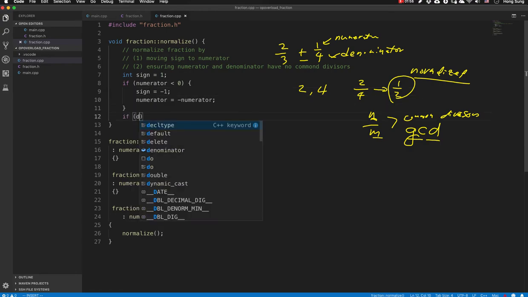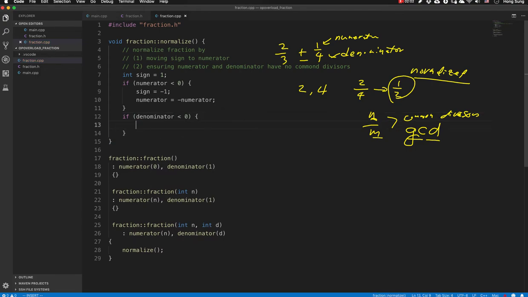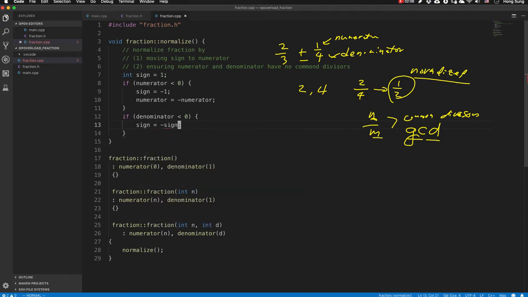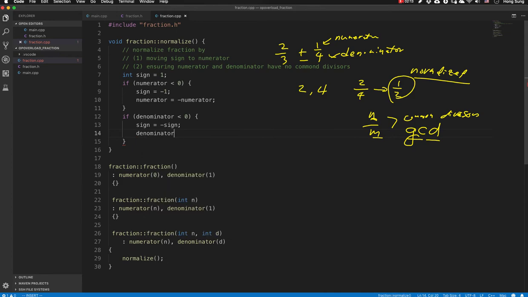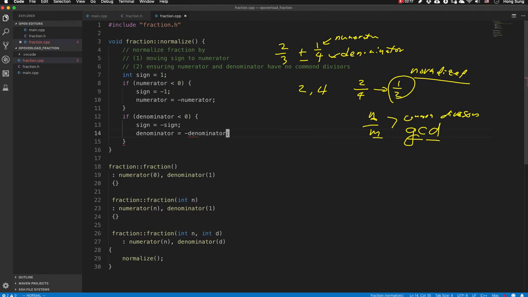And if the denominator is negative, then we just flip the current sign. If currently sign is positive, it becomes negative, negative becomes positive, and then the denominator becomes the negative of the denominator. So by doing those two steps, we ensure the first one: sign is always on the numerator side.